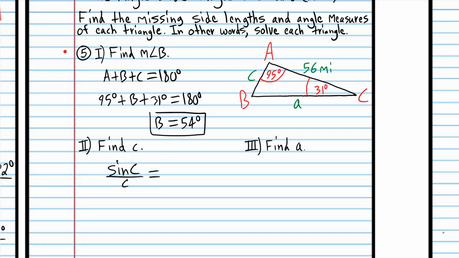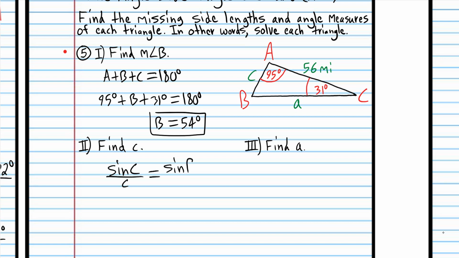And here's where there's a slight difference. In the second step, we're going to use the angle that we had to find in the first step, whereas in the other problems we used the angle that we found in the first step in the third step. But again, it's really just a minor difference.